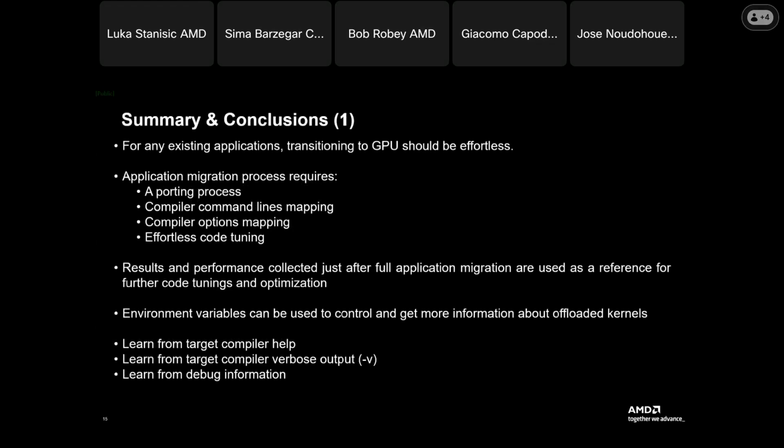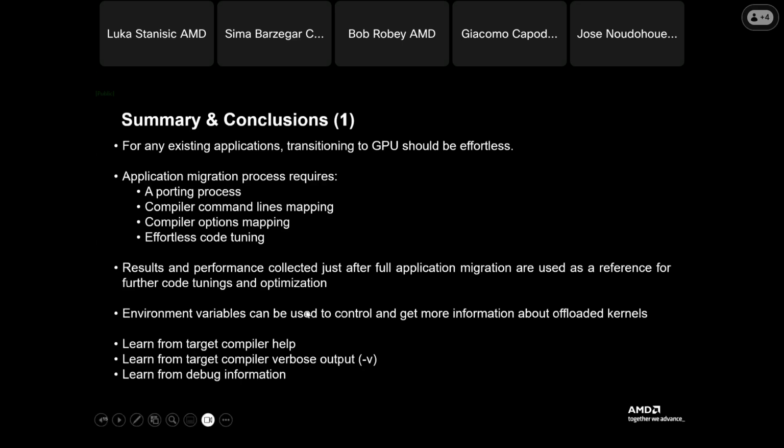You need to know the process, of course, but you also need to map the compiler name, for example, and map the compiler options. You need to do effortless code tuning. And at every step, we need to make sure that the code builds, runs on GPUs, and produces correct results. Results and performance collected just after application migration are used as a reference for further code tuning and optimizations.